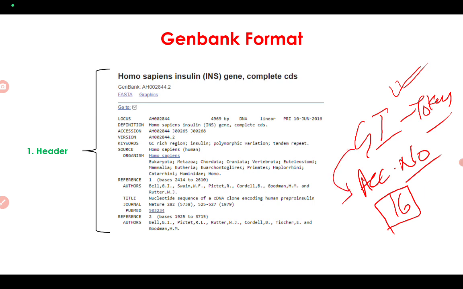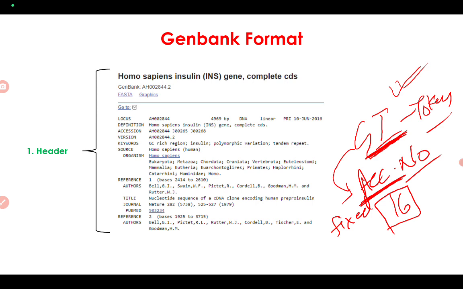Then they assign a real account number, that is my account number, or here it is known as the accession number, which remains fixed. The GI number also remains fixed, but right now it is a temporary thing which is allocated initially when we are submitting a certain amount of data in the form of DNA, RNA or proteins.